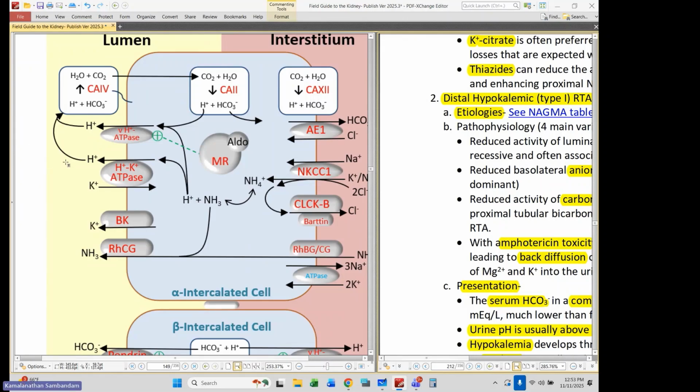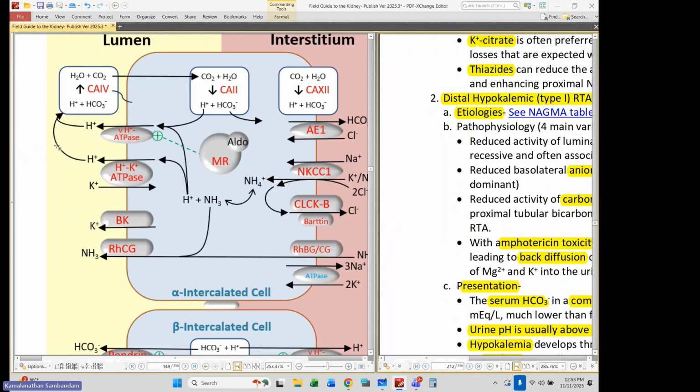Ammonium has a pKa that is well above 6, 7, it's in the 8s or higher, if I remember correctly. Meaning I don't need to have very robust capacity at all for proton excretion.